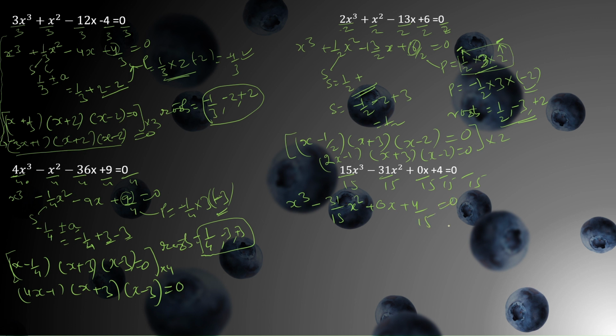So done. Now let's try the next one. Just divide by 15. So it comes like x cube minus 31 by 15 x square plus 0x plus 4 by 15 is equal to 0. So this is the product.